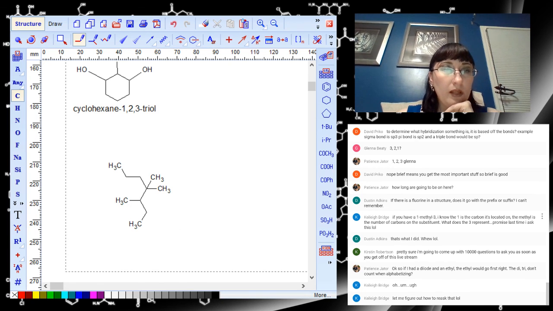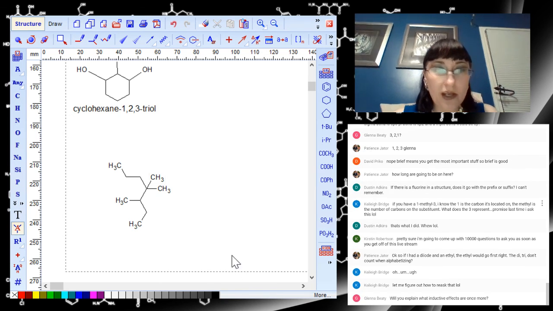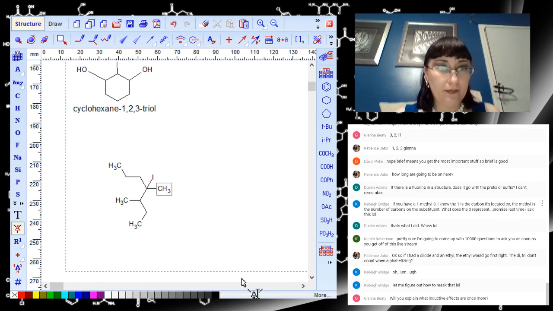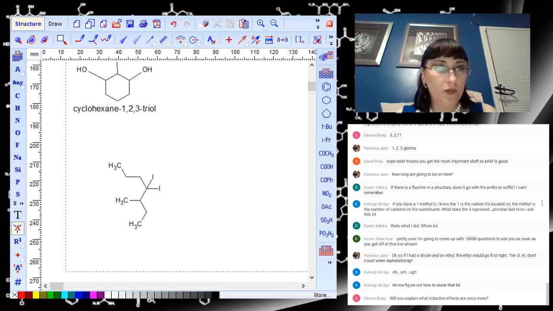So let me go through and name this molecule. I wanted to make some of these iodines. Okay.